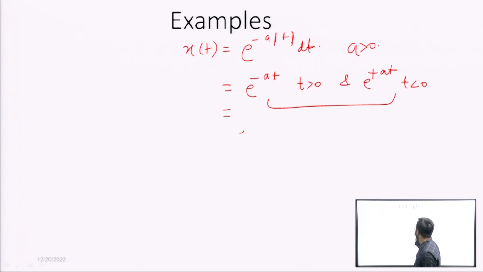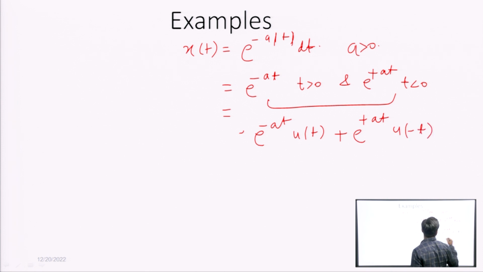So here we can write it like this: e to the power minus a t u(t), and similarly plus e to the power plus a t u(minus t). Because if t is greater than 0, then it is e to the power minus a t, and if t is less than 0, then t becomes minus t and it becomes plus a t.